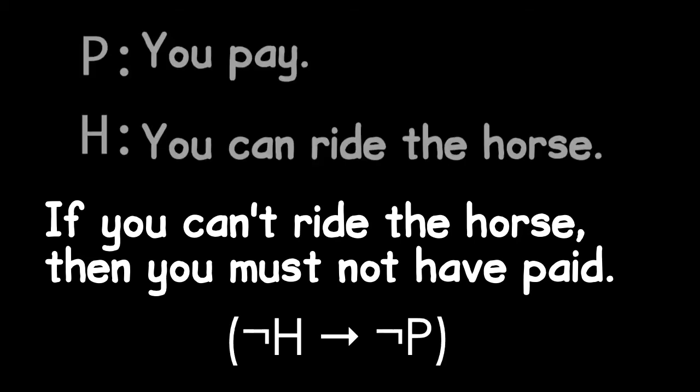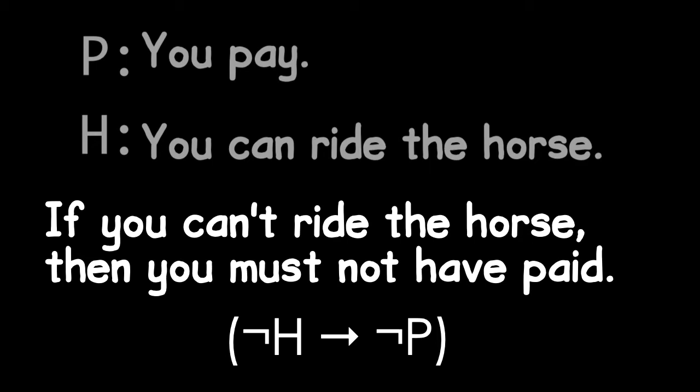To see that explicitly, consider this example. In the same situation as before, if you can't ride the horse, then you must not have paid. Using the same symbolization key, we can translate this as not H, arrow, not P. Obviously, not being able to ride the horse is not what made you not pay.